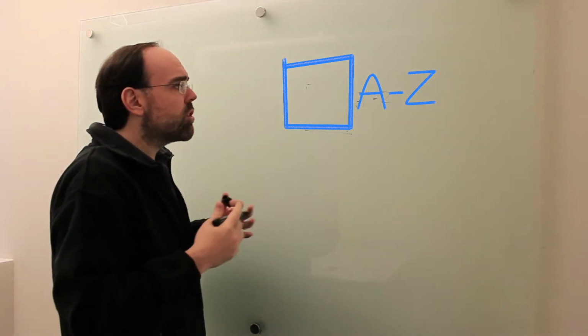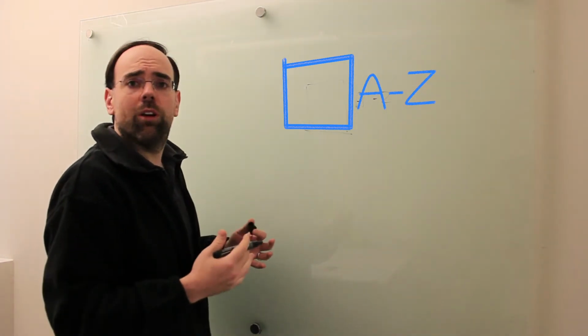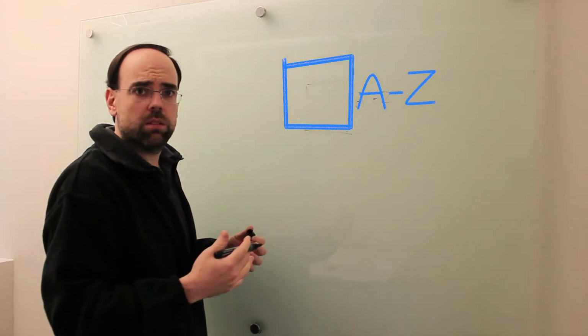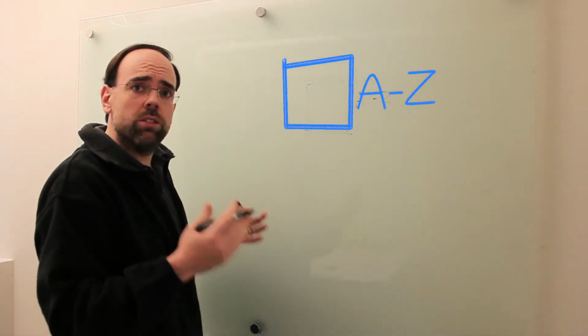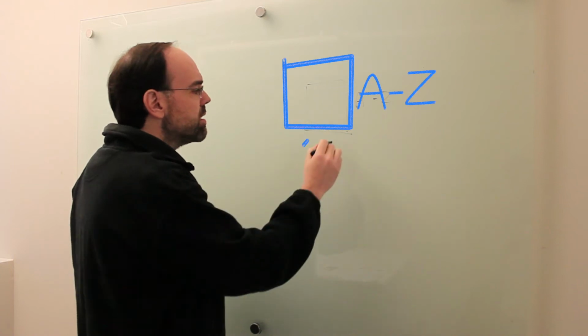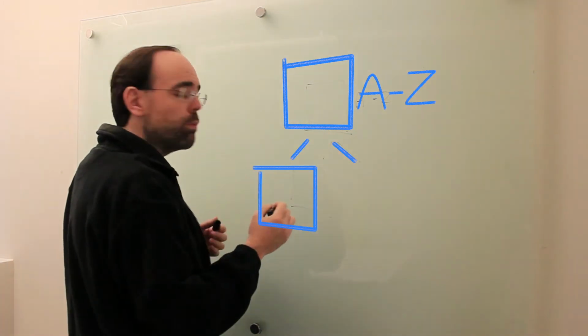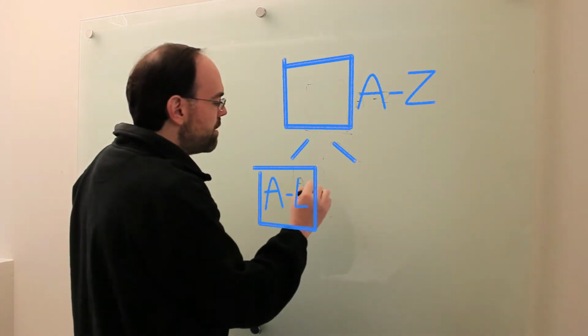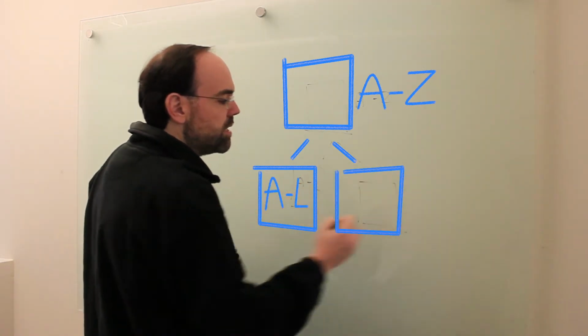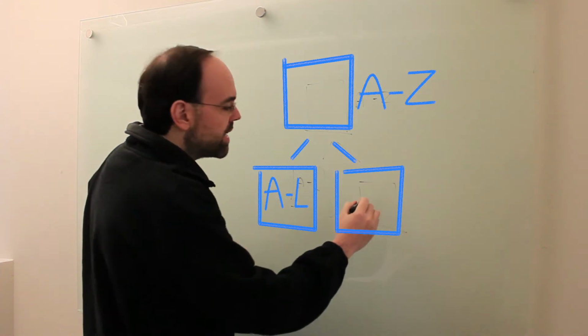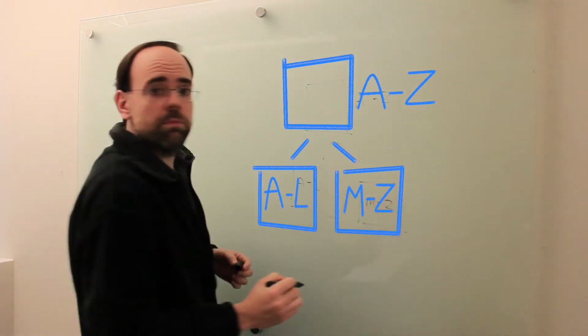And then you start having so much load on it that it's overwhelmed. It can't handle all the requests. So one thing you might do is say, let's split this into two separate databases. In this database, we'll put everyone with last name A through L. And in this database, we'll put everyone with last name M through Z.